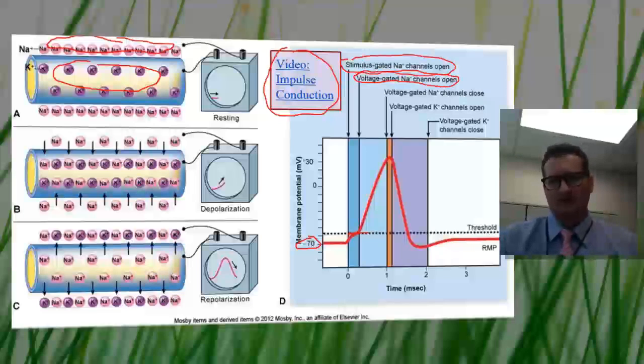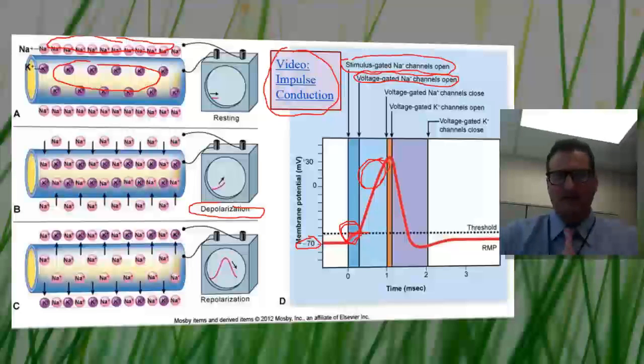Again, in this area, it's stimulus-gated. So any stimulus will open the sodium channels, anything like, again, heat, chemicals, or mechanical pressure. In this area, it's voltage-gated sodium channels that open. And during this phase, it's depolarization. Sodium ions are rushing into the cell down their concentration gradient.